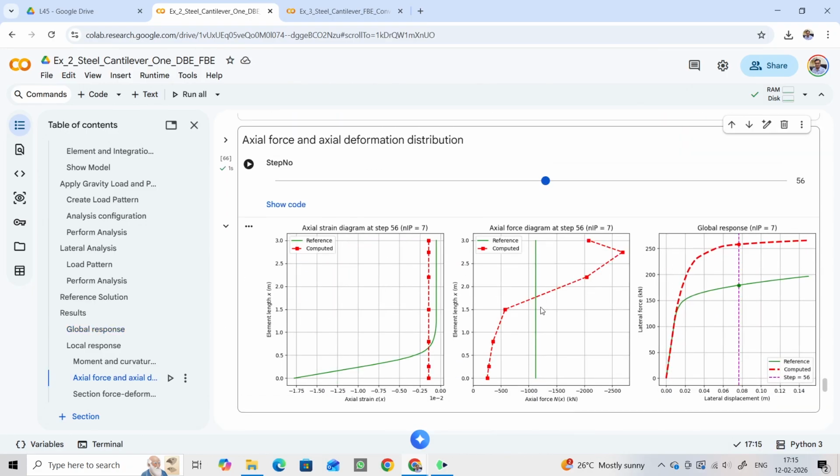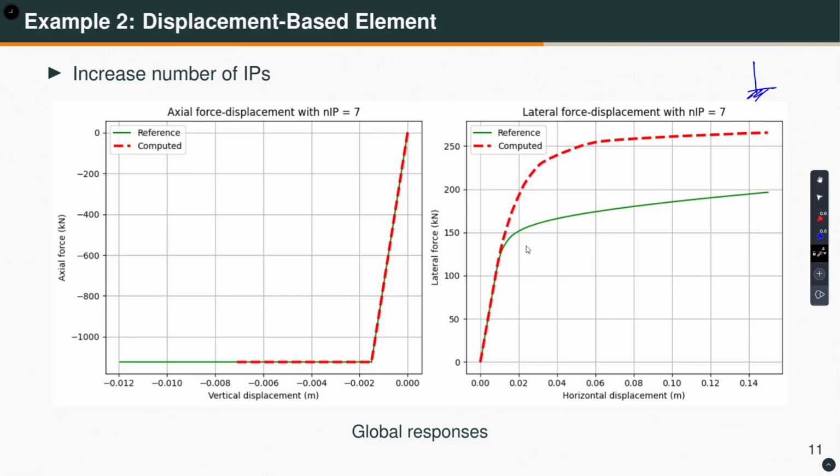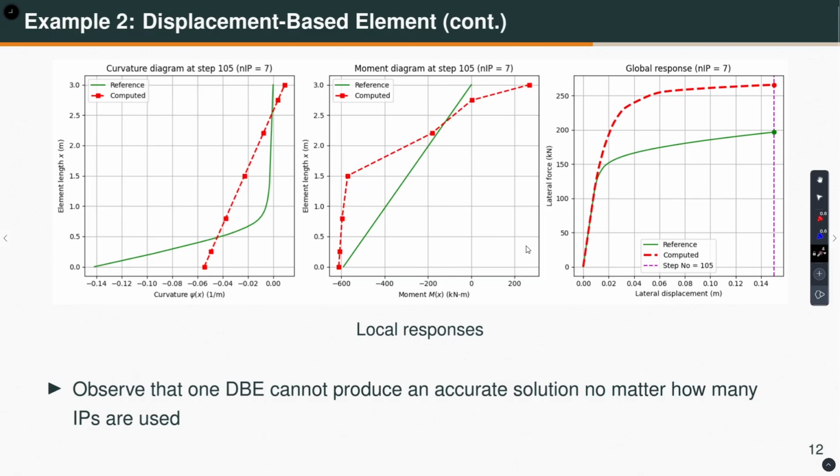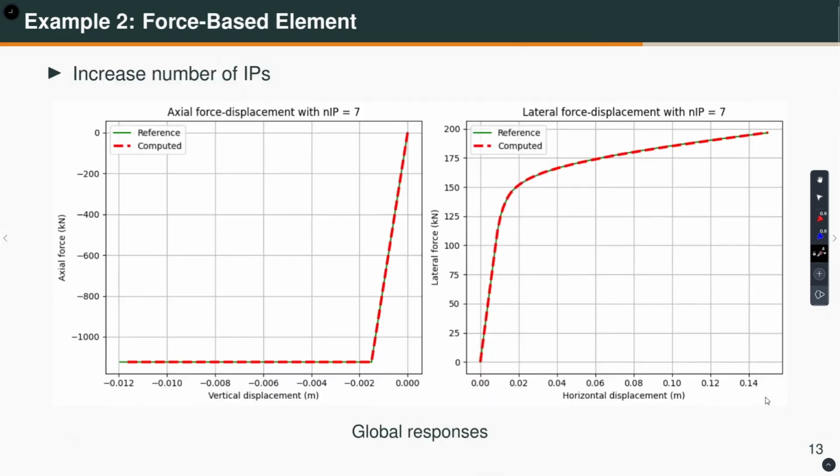And you can see if you integrate this axial force, so this is basically you add all of them and average them, it will match with the exact solution. Okay? So, this is what I am also showing here for 7 integration points, these results are not matching. So, a displacement based element cannot produce an accurate solution no matter how many integration points are used. Okay? Now, let us talk about force based element, right.